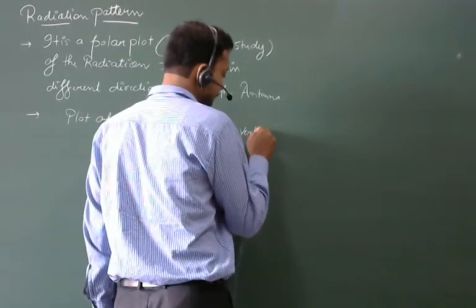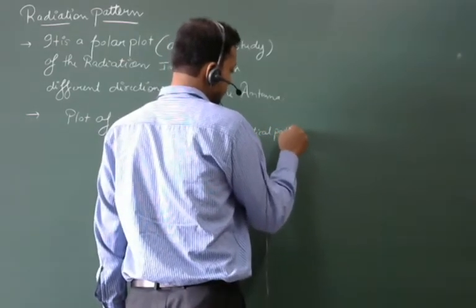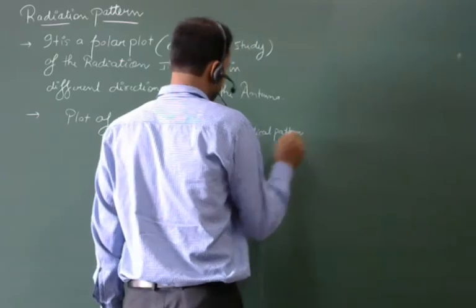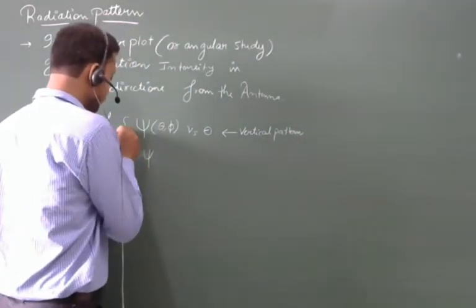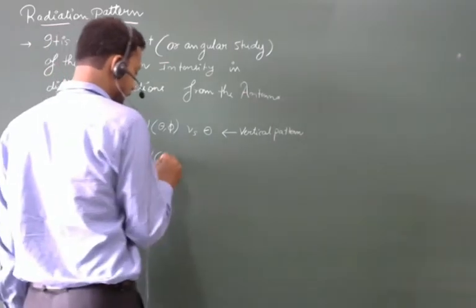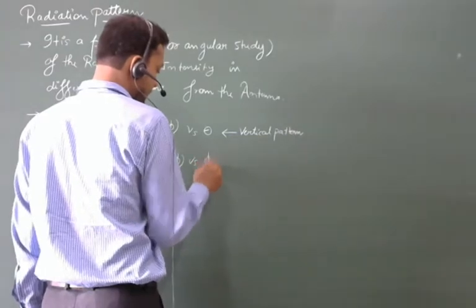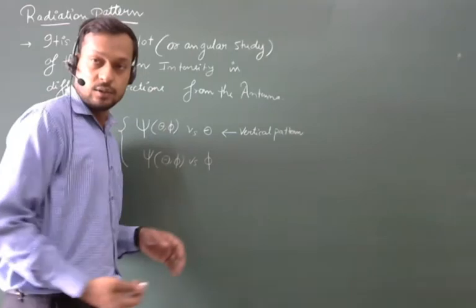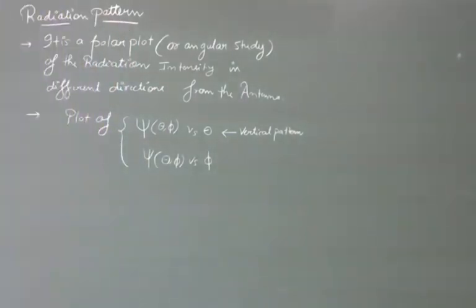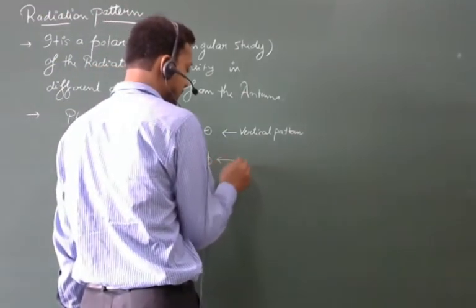So vertical pattern or vertical radiation pattern. When it is plotted with respect to the angle phi, which is horizontal, it is the horizontal pattern.